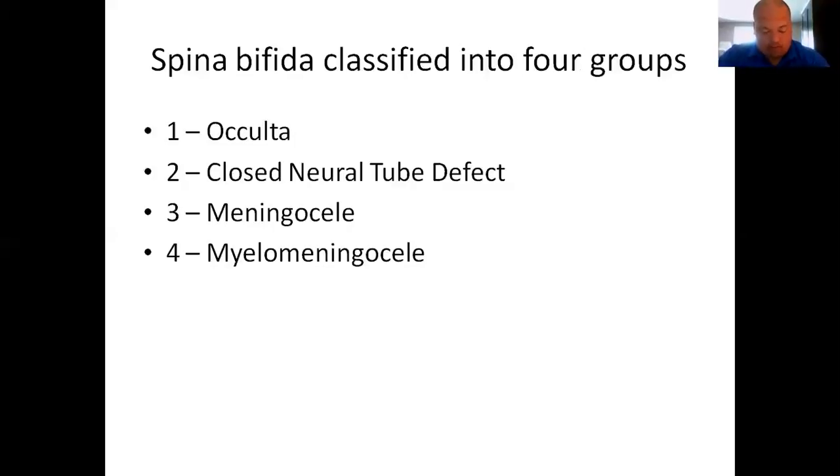The fourth form, which is usually the stereotypical form of spina bifida, is myelomeningocele. This is when the spinal cord and its surrounding areas protrude out through the vertebrae because of the opening and out of the back, and usually a sac.